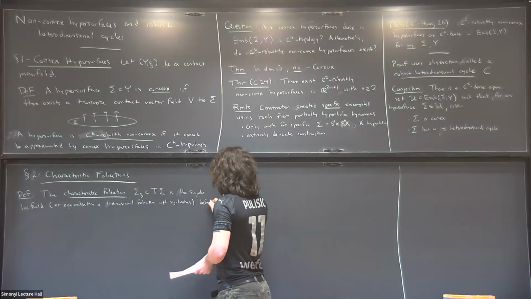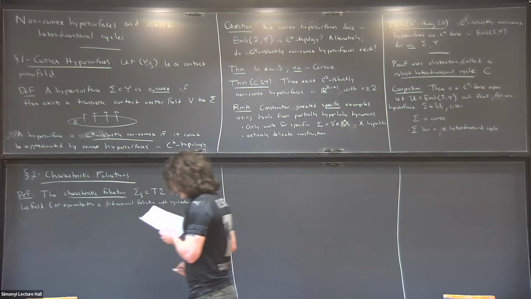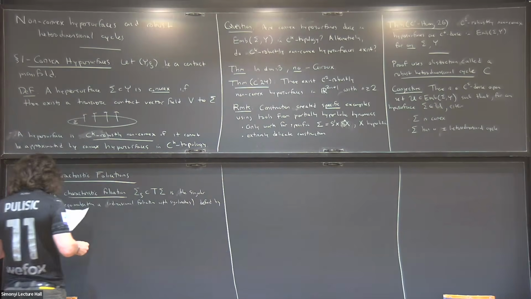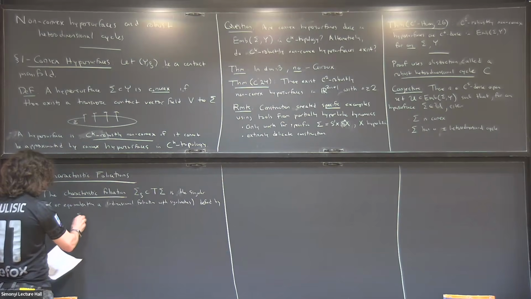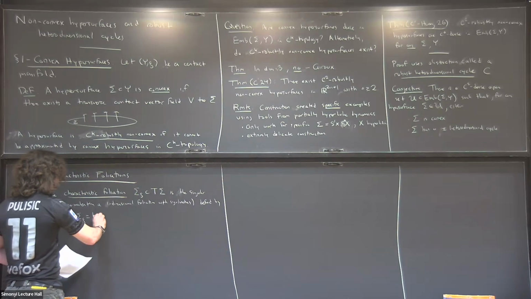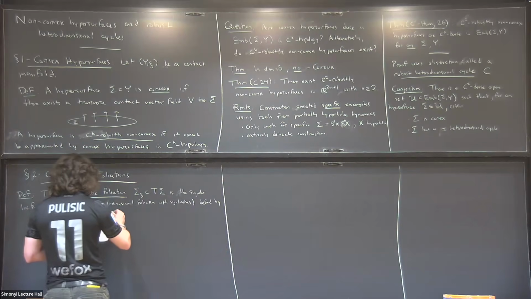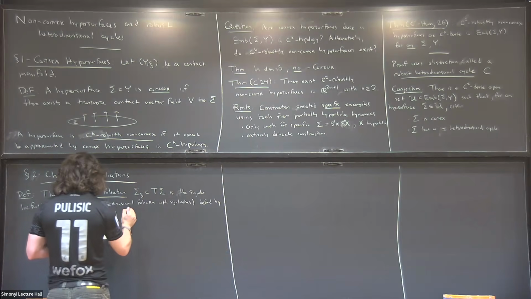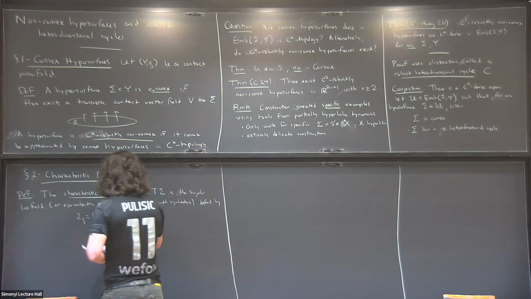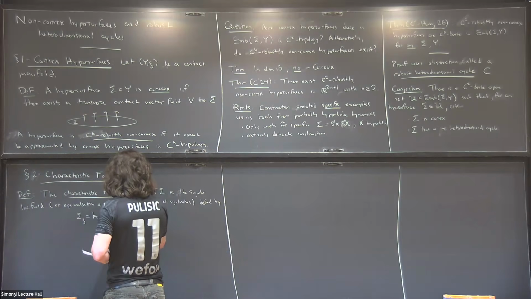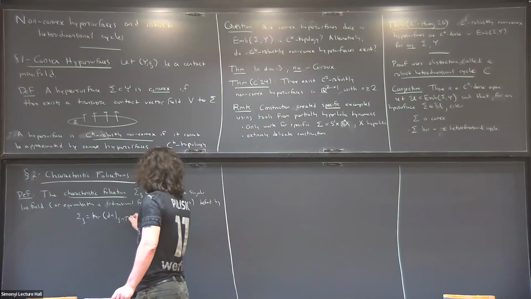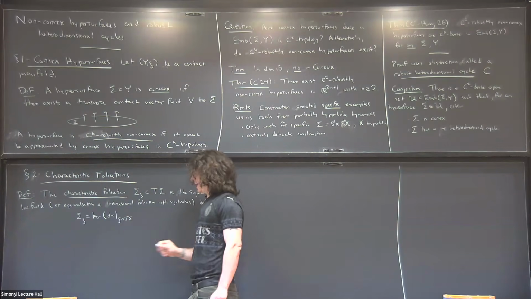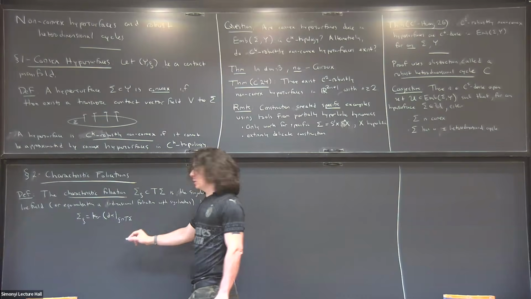Well, I'm just going to define it to be the following thing. It's the kernel of d alpha restricted to the intersection between the contact structure and the tangent space to the surface, as a vector space.